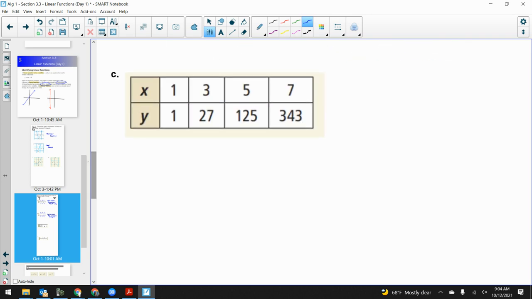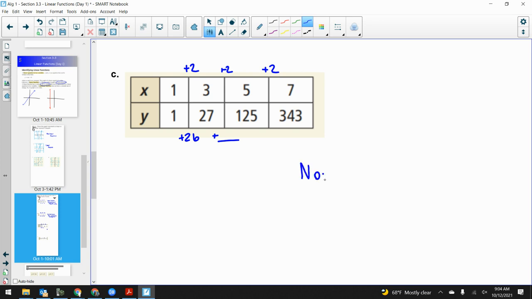Okay, take a look at the next table. Do I have a constant rate of change for my x's? Yes. I'm going up 2, up 2, up 2. Do I have a constant rate of change for my y values? No. I go up 26, then up not 26, whatever that is. 98, right? Does it really even matter at that point, though? No, because once I see that it is not the same number, you can say that it's not linear.